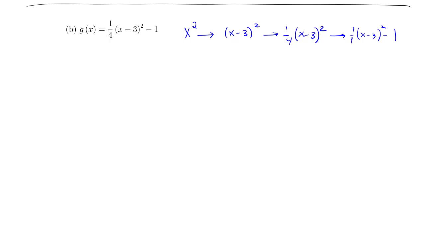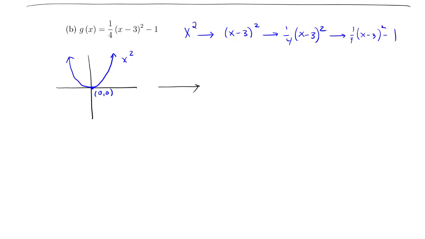All right, so let's put it all together now. I'm going to start with my basic x squared graph, which also sits at 0, 0.